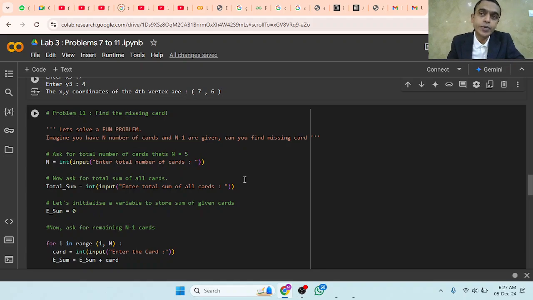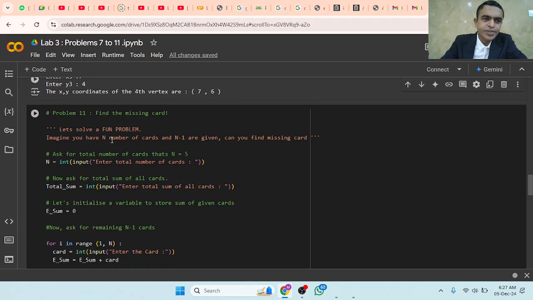Now how will we find out? So this program asks for your total number of cards and the summation of the total number of cards. So we first ask the user for the total number of cards, and then the summation of the total number of cards, and then we enter whatever cards are available.